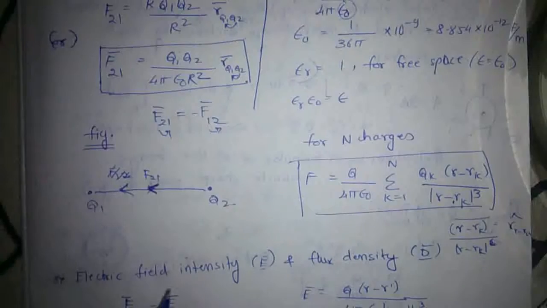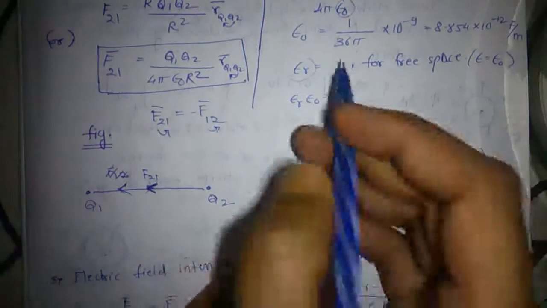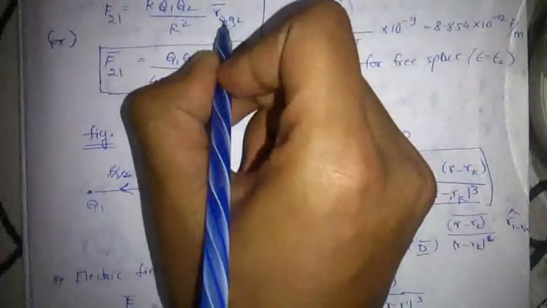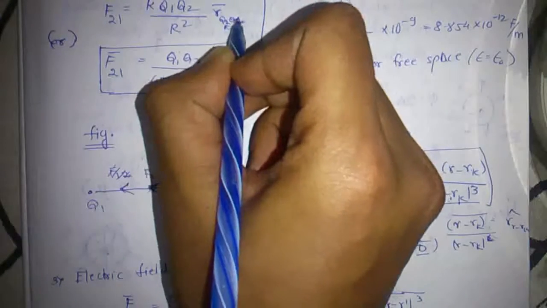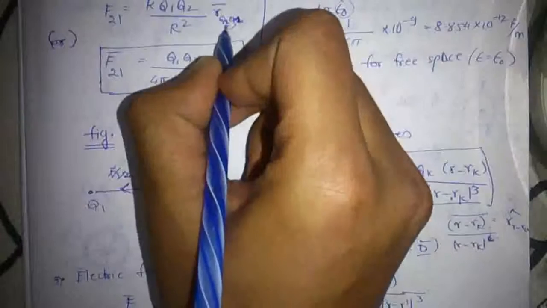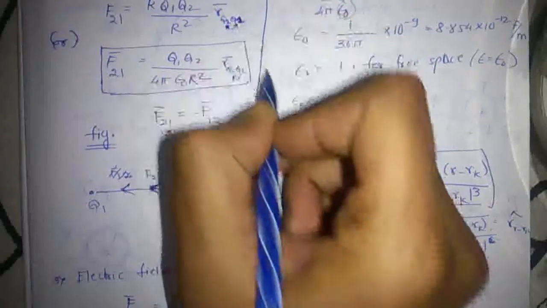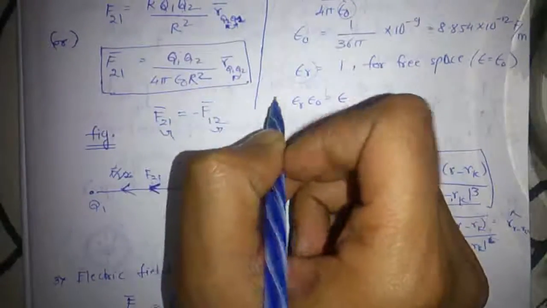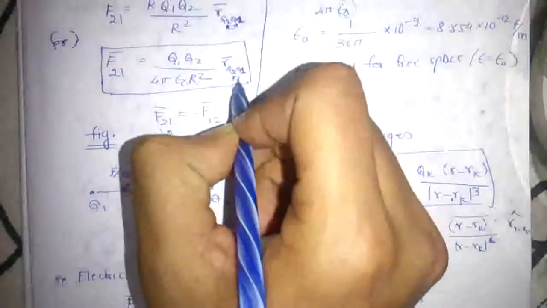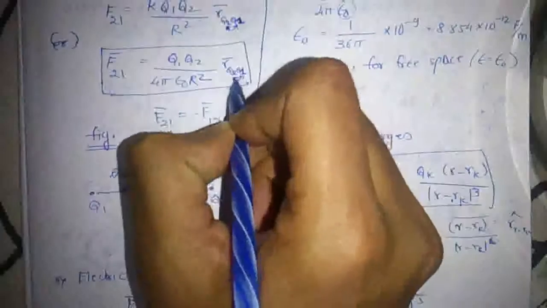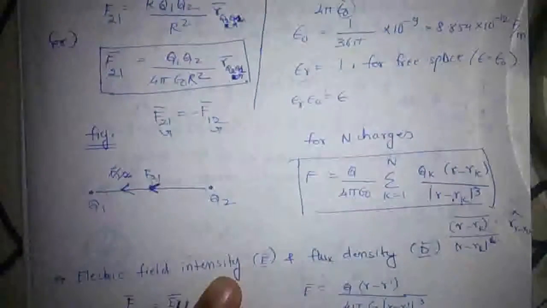Right? Now, here let me make one correction. This is Q2, Q1, because our force is exerted from Q2 to Q1, right? So this will also be from Q2 to Q1, since our force is exerted from Q2 to Q1.